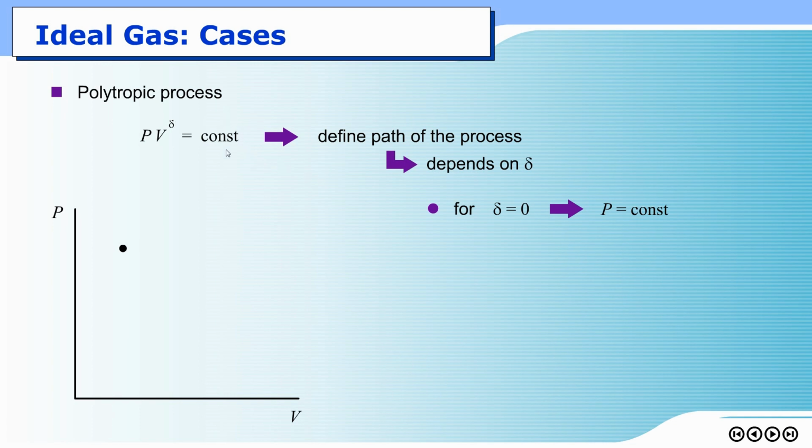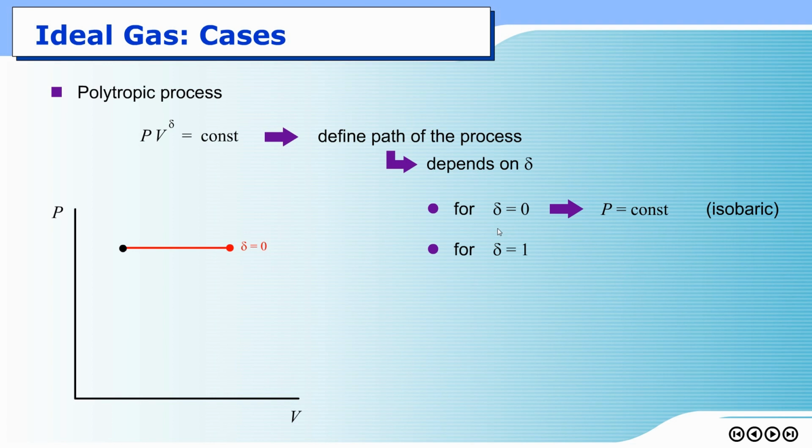So that means when you apply delta equal to 0, the equation describes the path of the process to be constant pressure. So the process is isobaric. When you start from the black dot initial point, you go along this red line. So this red line is described using this equation when delta is 0. Okay, so it defines the path of the process.